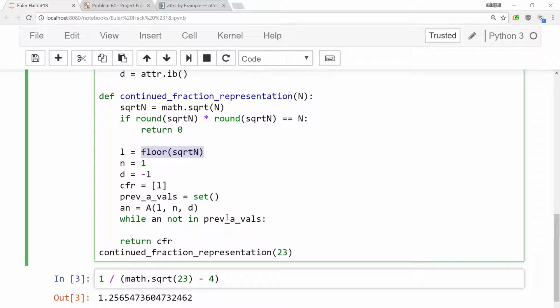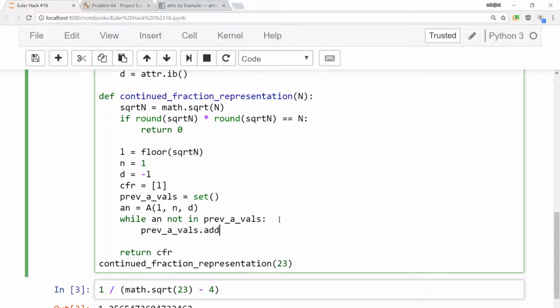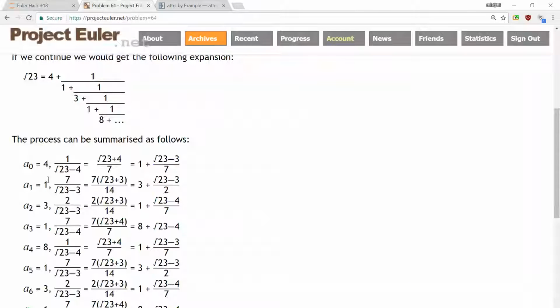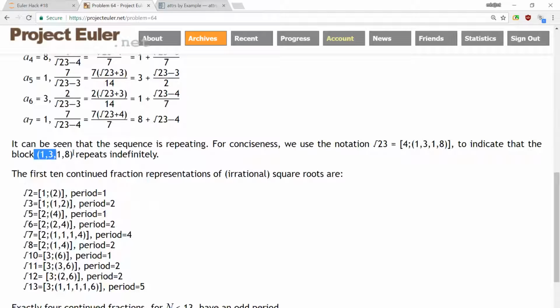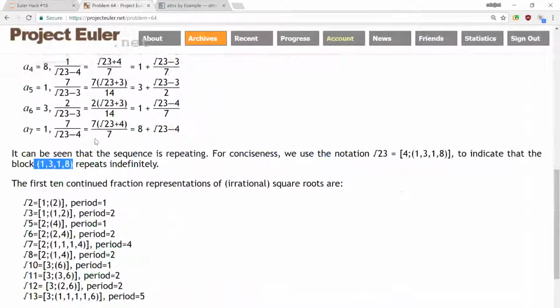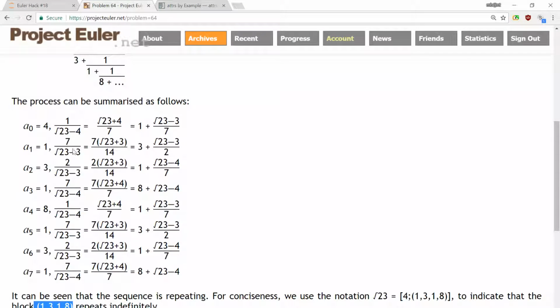And the prev is a set. Shouldn't it be a list, because we want to keep its period? But we are only, yeah, that's what the CFR is. So the CFR is this, and the prev A vals is a list of these things.